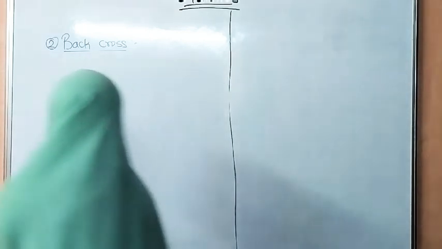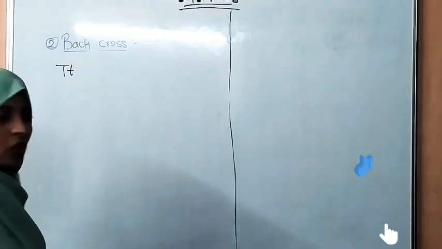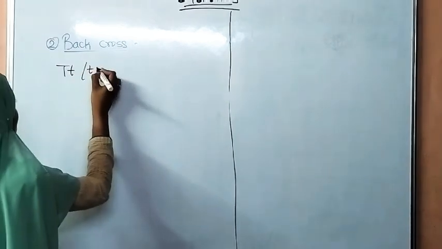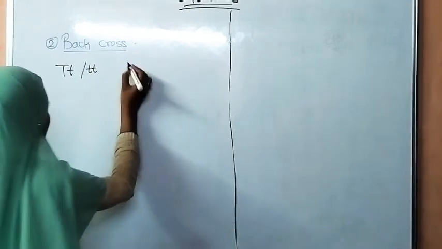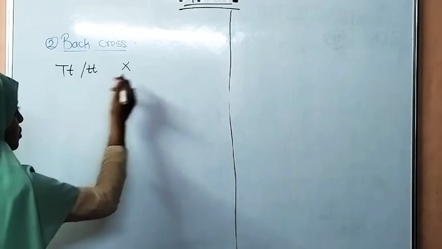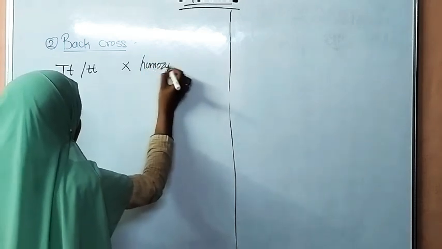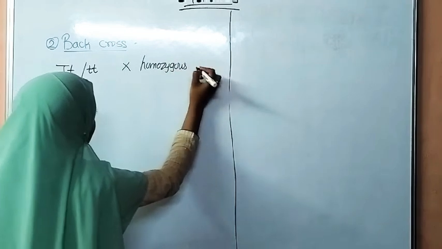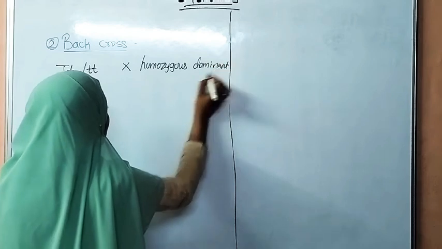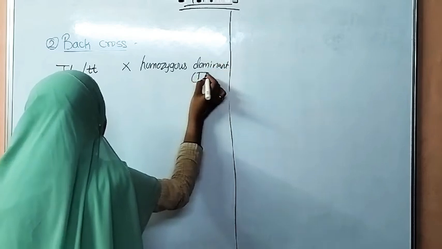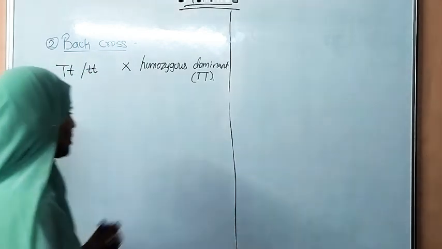Here, a heterozygous dominant or homozygous recessive crosses with the homozygous dominant one. And which is the dominant? Capital T. So we are going to discuss the back cross.